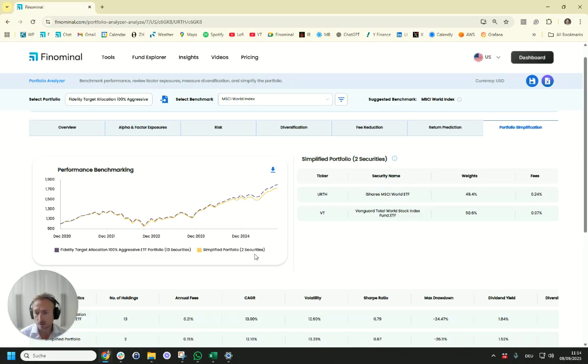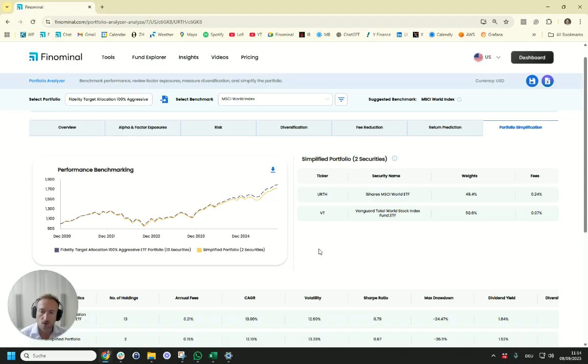That's 2 securities versus 13 securities, and fees would be 21 versus 15 basis points. Now we do see, of course, that again, this model portfolio has slightly outperformed the simplified portfolio, as well as the cheaper portfolio that we looked at a minute ago.